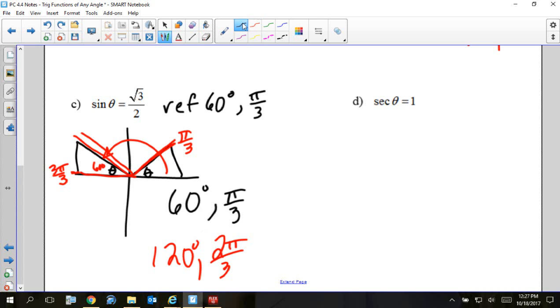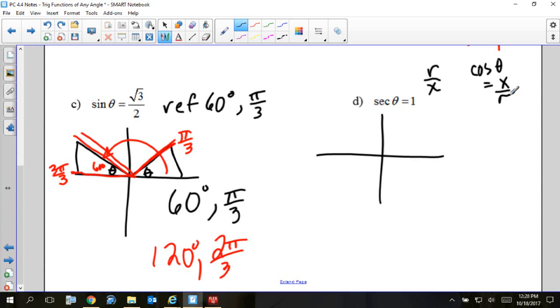Okay, the last one is where we left off. Secant. You can use secant or you can use cosine, but you've got to know the formula. What variable is cosine? X over R, so secant is R over X. It doesn't matter which one you do, because when I reciprocate one, it's still 1.